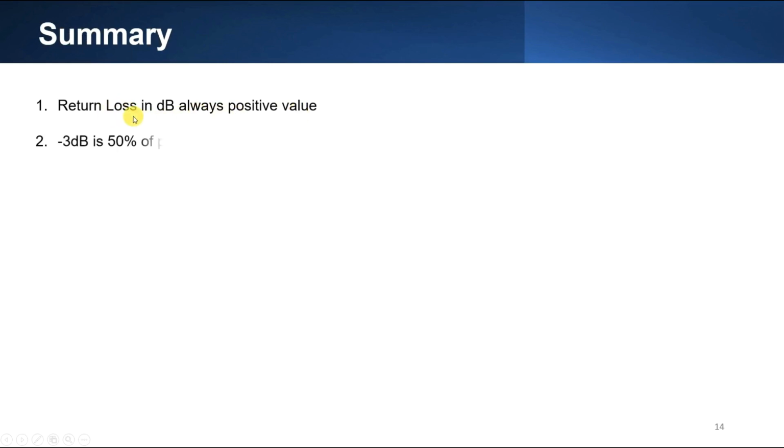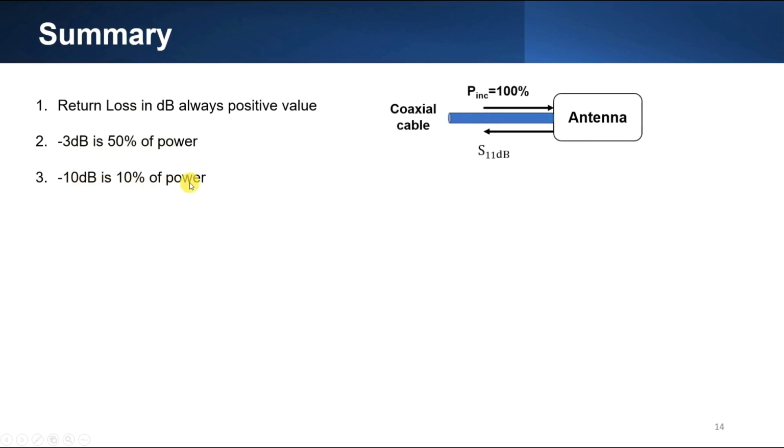And negative 3 dB is 50% of the power, and negative 10 dB is 10% of the power. So for example, say you have a coaxial cable and your power input is 100% to the antenna, with reflection back measured as S11. If S11 is equal to negative 10 dB, it means 10% of the power is reflected.